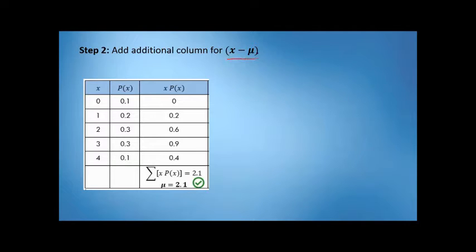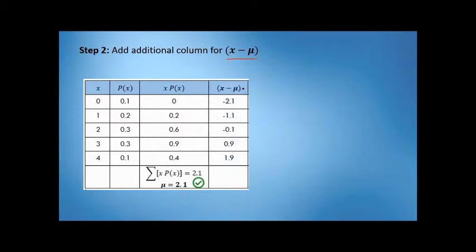It means the value of x minus mu, or the mean. We can get a negative value if the mean is higher than x, and a positive value if x is higher than the mean.